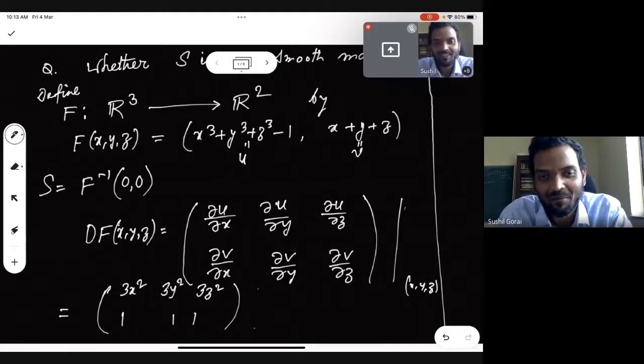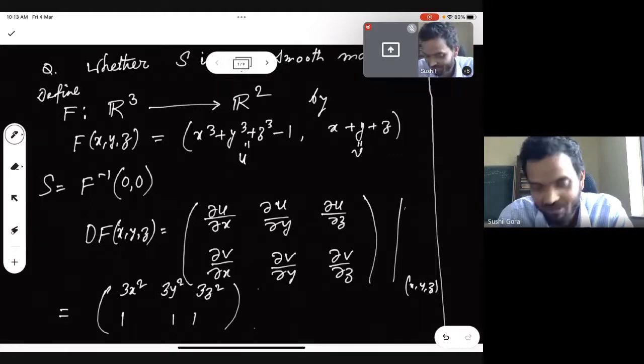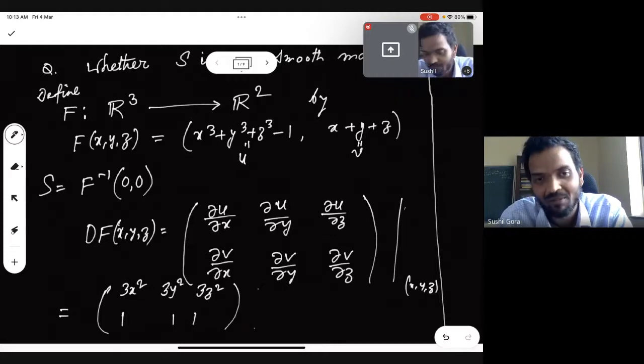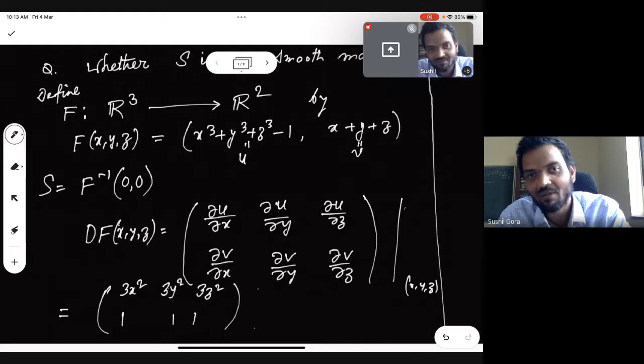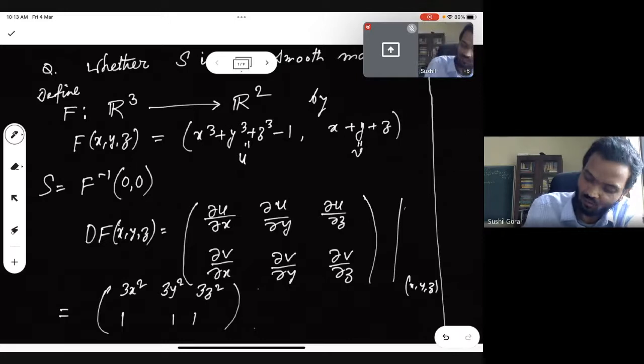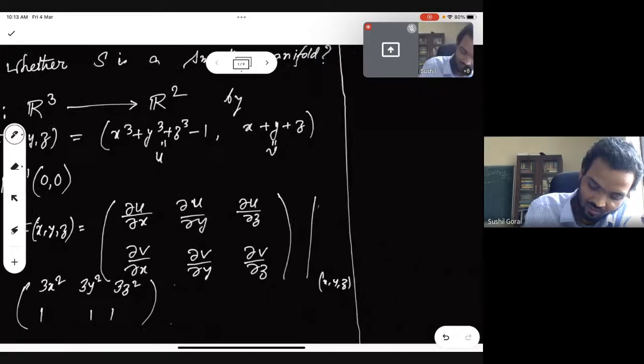No, there is a problem. You need the rank to be 2, but the rank might be less than 2 at some points. So what are the points where the rank is less than 2?